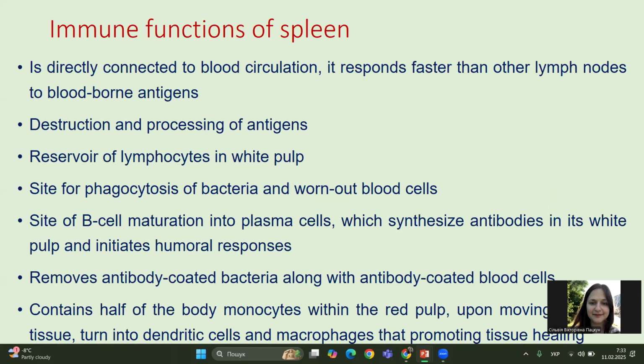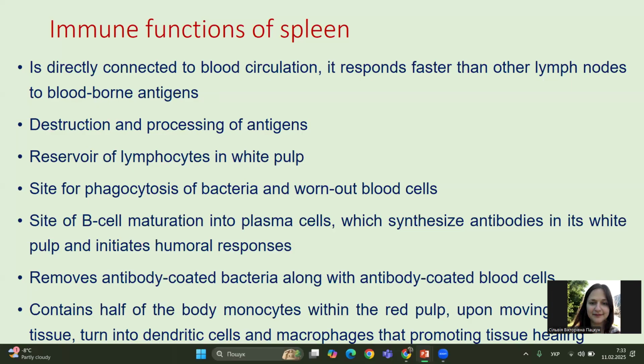Immune function of the spleen: it is directly connected to blood circulation, responds faster than other lymph nodes to blood-borne antigens, destruction and processing of antigens, reservoir of lymphocytes in the white pulp, site for phagocytosis of bacteria and worn-out blood cells, site of B cell maturation into plasma cells, which synthesize antibodies in its white pulp and initiates humoral responses.